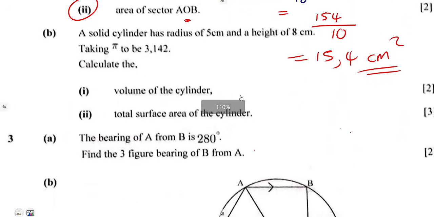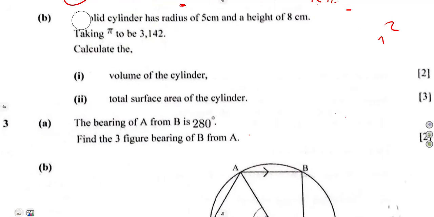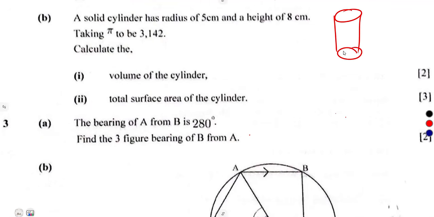Let's move on to the other part, B. You are given this time the solid, which is of a cylinder. All right, so you're given this is what? A cylinder, where we have got the radius and the height. That's the properties of a cylinder. So you're given the radius of that cylinder is 5 centimeters, the height is 8 centimeters.